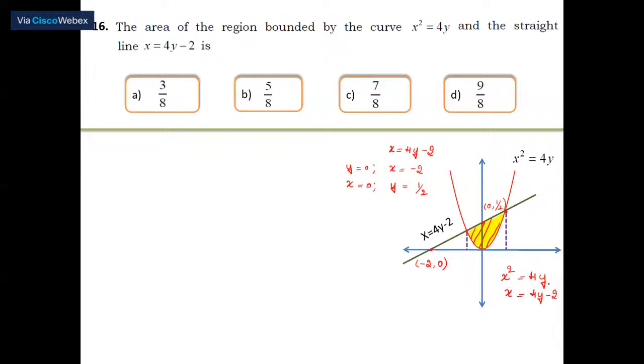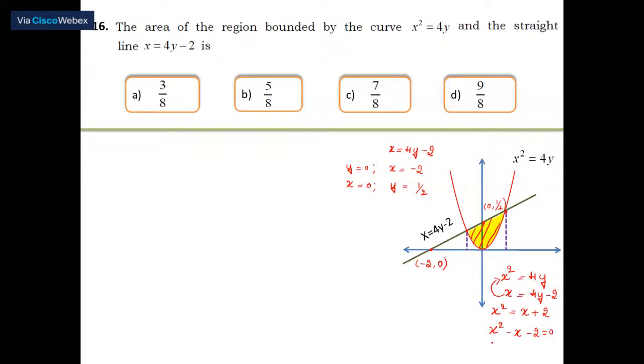Now substitute 4y as x square, or consider 4y as x plus 2 in the previous equation. Then we get x square is equal to x plus 2, or x square minus x minus 2 is equal to 0.